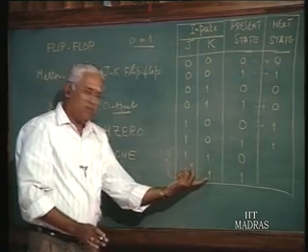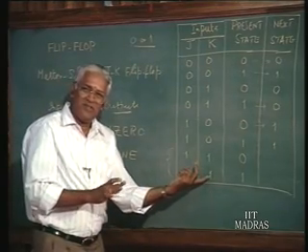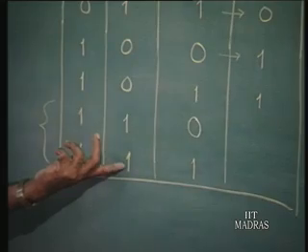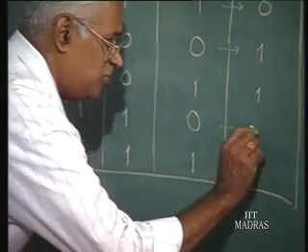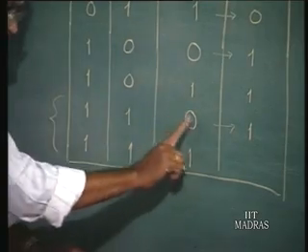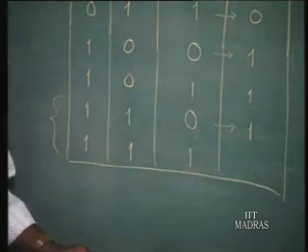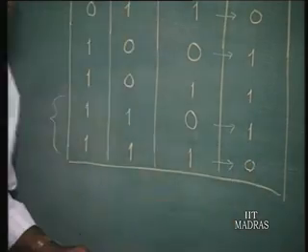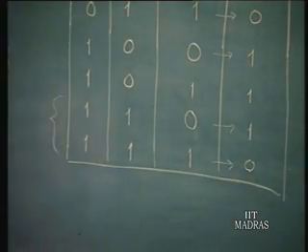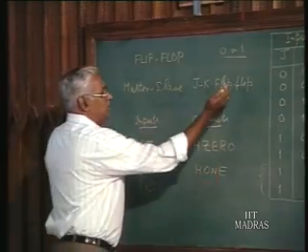Now for this we don't talk about set or reset, we say if both happen to be 1 it toggles, meaning whatever the state it is, it just goes into the other state. That means if the present state is 0, the next state will be 1. If the present state is 1, the next state will be 0. Now this in fact is the behavior of the JK flip flop.